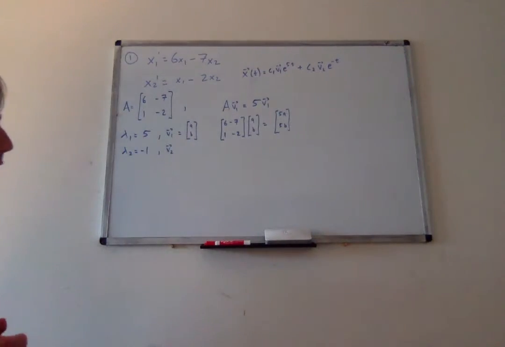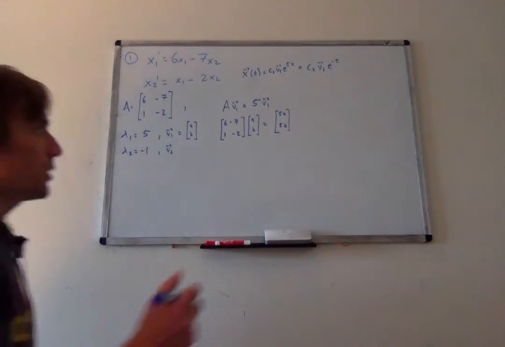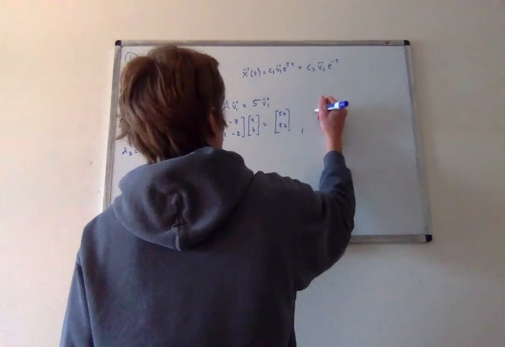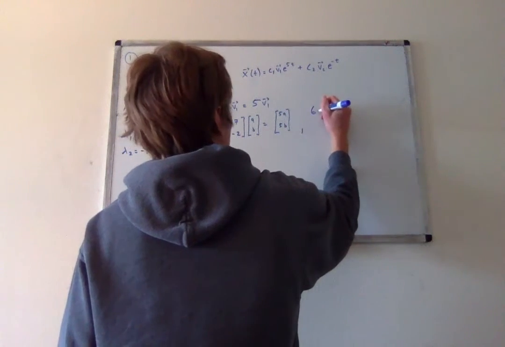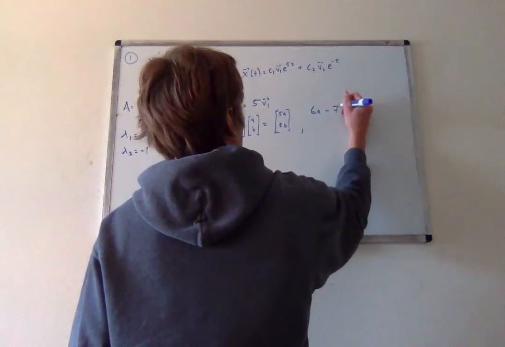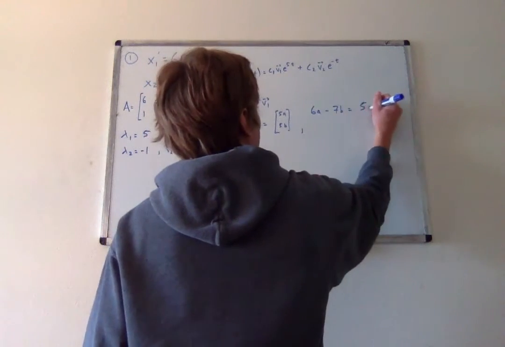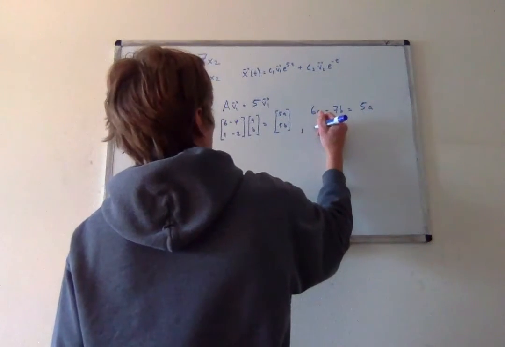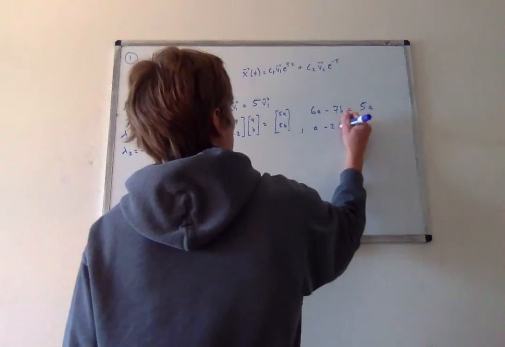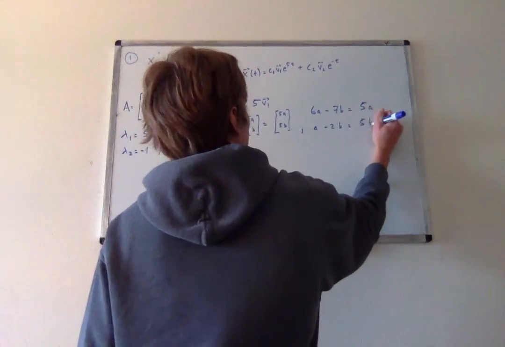So if we actually set up this system of equations, this gets us the following 2 equations. 6a minus 7b is equal to 5a, and a minus 2b is equal to 5b.